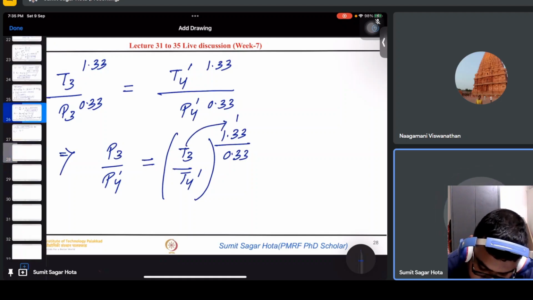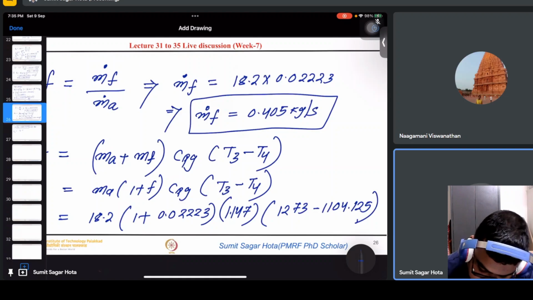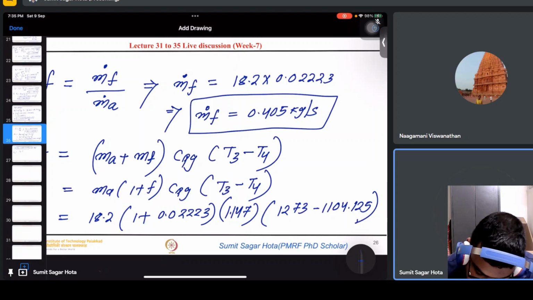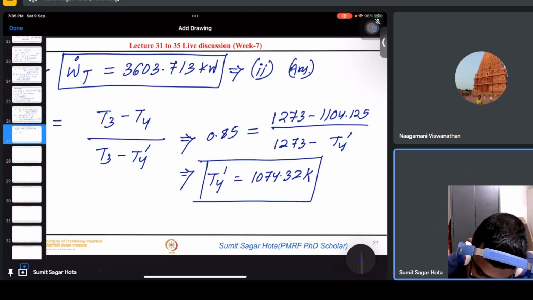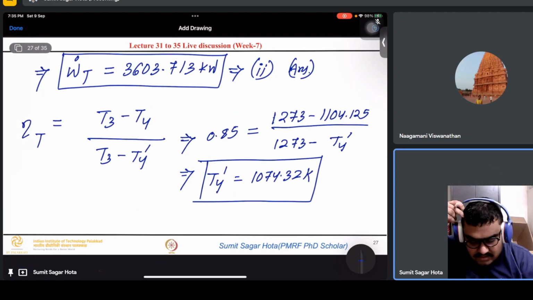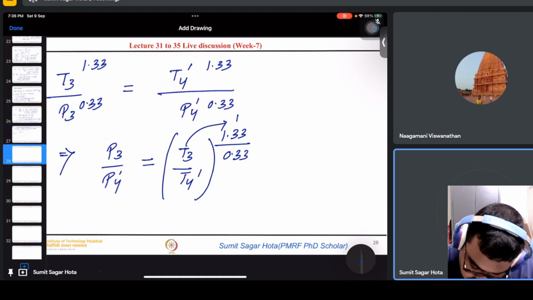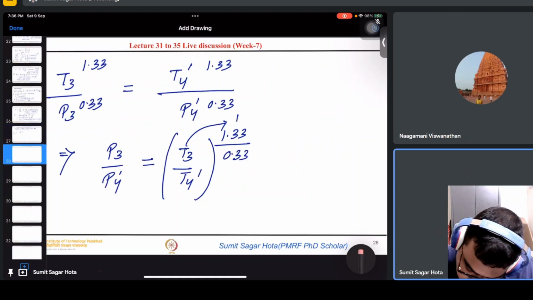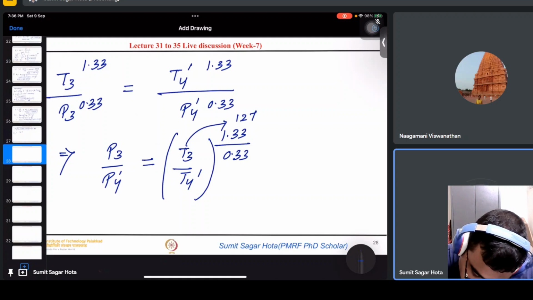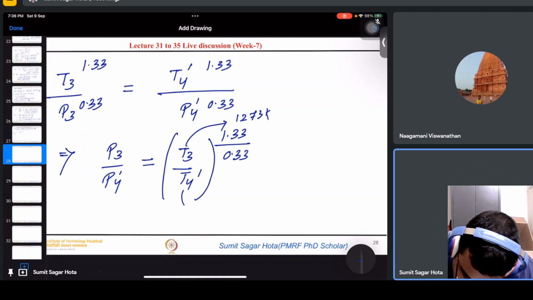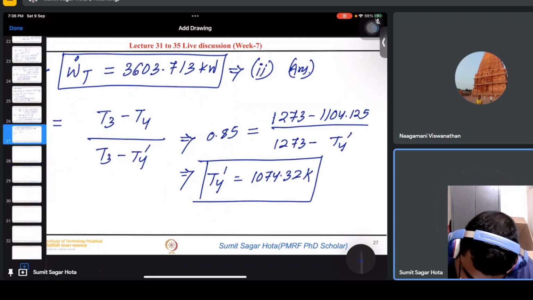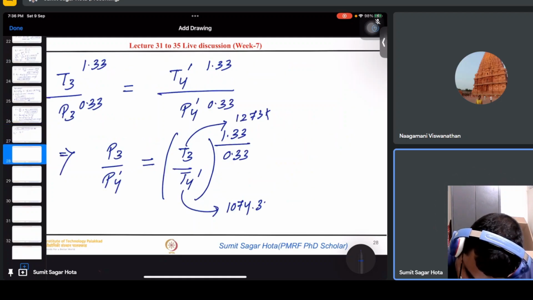Okay, so T3 you know, 1273, I think, yes, 1273 Kelvin, and T4 dash is 1074.32.